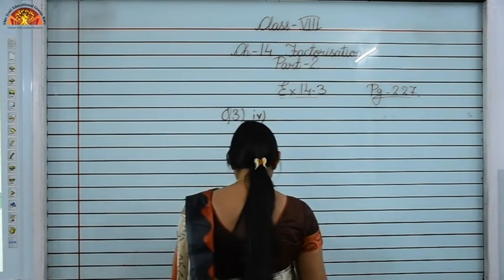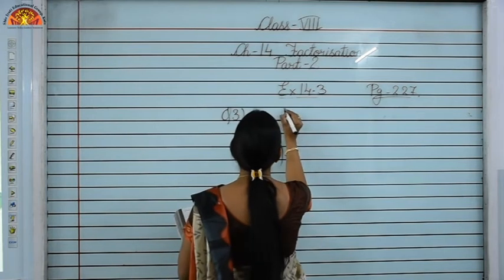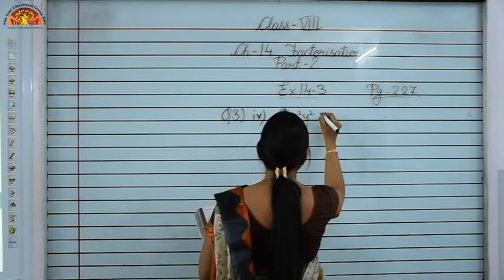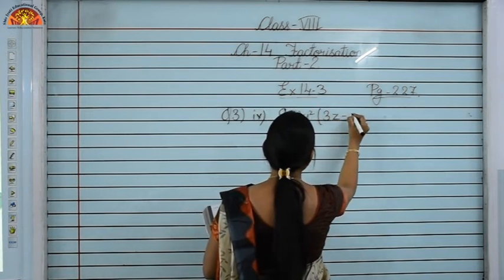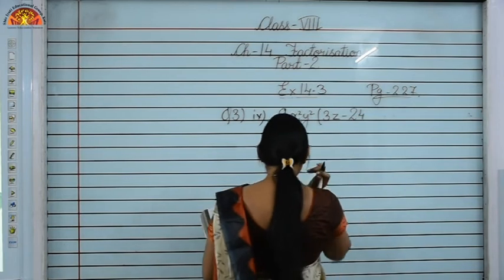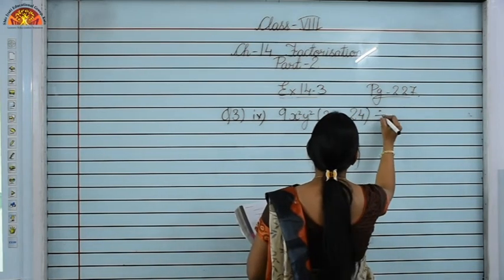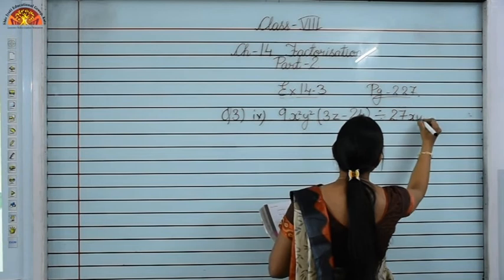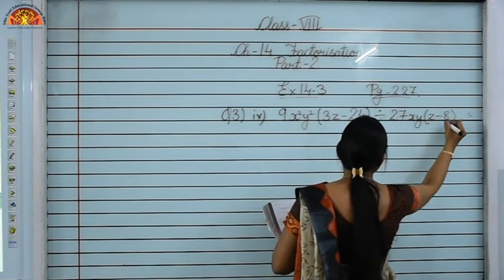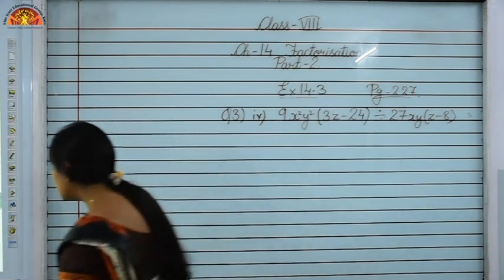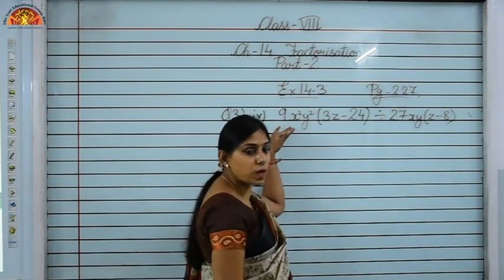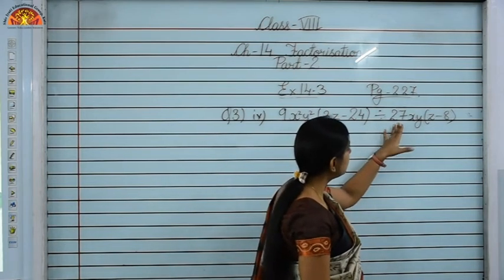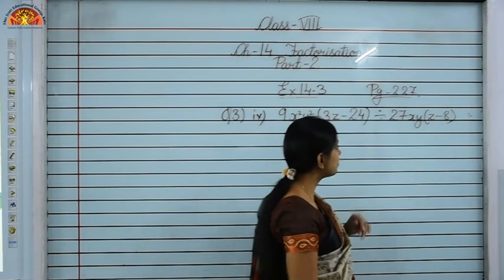It is given over here 9x square y square into 3z minus 24 whole divided by 27xy into z minus 8.